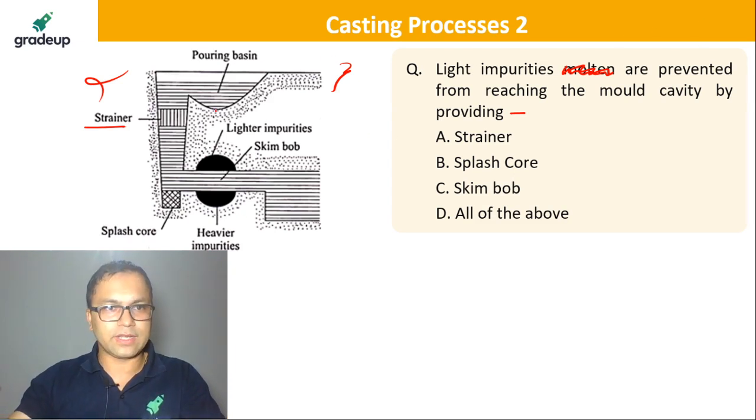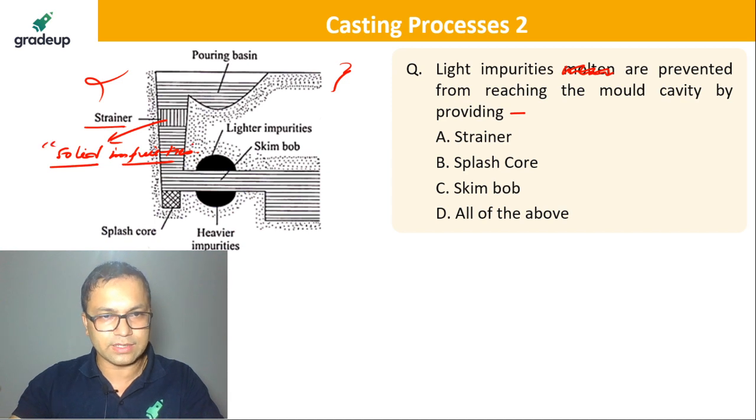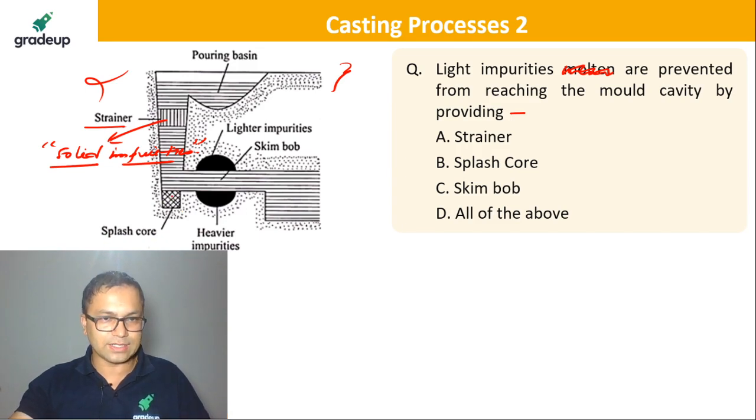Let me tell you that a strainer is used just for solid impurities. It takes away solid impurities. Splash core prevents the molten metal from falling directly on the mold, otherwise it damages it.